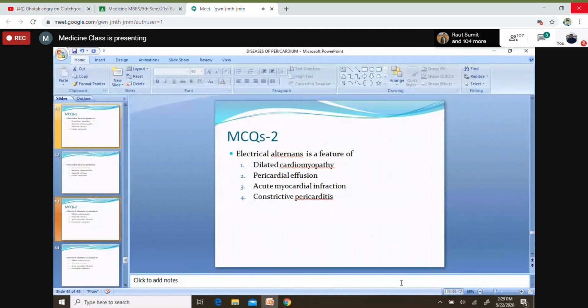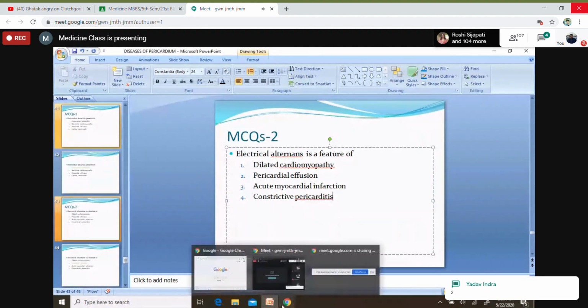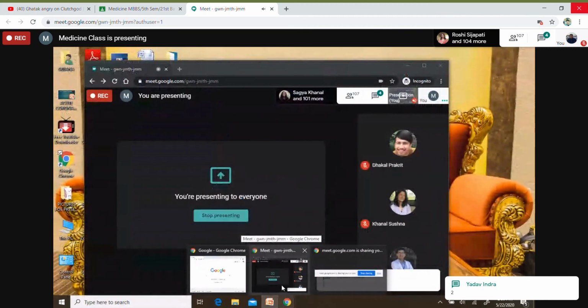The second one. Electrical alternans is a feature of dilated cardiomyopathy, pericardial effusion, acute myocardial infarction. There is a spelling mistake here, infarction. And constrictive pericarditis. What's the answer? Pericardial effusion.